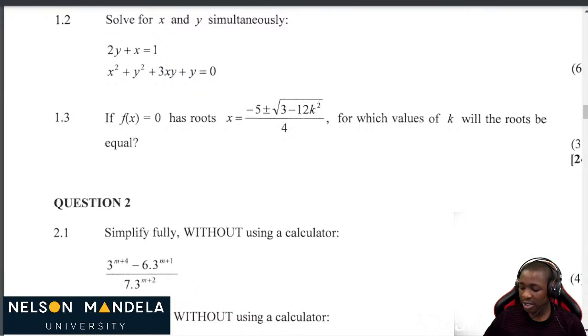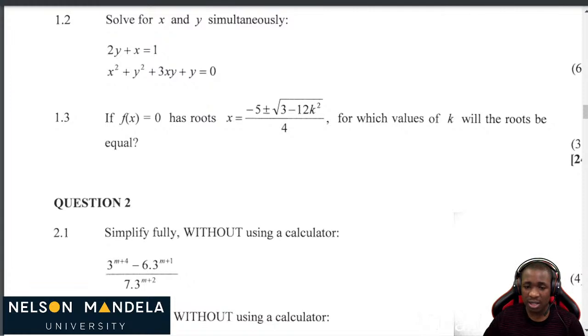So in our question on 1.3, we are asked for which values of k the roots will be equal. The roots will be equal, which means the discriminant is equal to 0. The discriminant is the one under the square root.